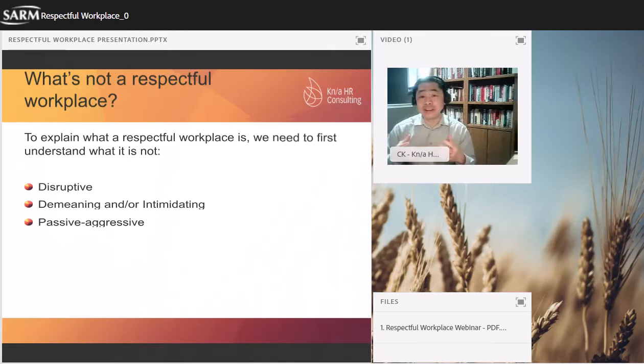What does that mean? Sometimes you could be making negative comments about another coworker, or you're refusing to do work, or deliberately delaying in delivering work, or you could be undermining a person's position or authority, and you fail to support a coworker, and maybe even intentionally communicating wrong or incomplete information to another person for them to do their job.